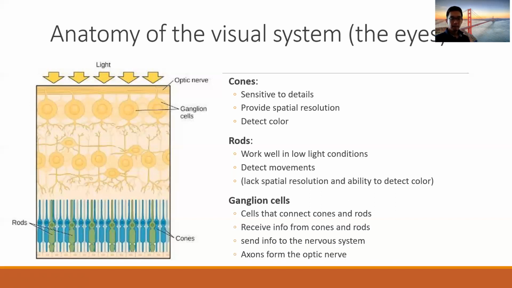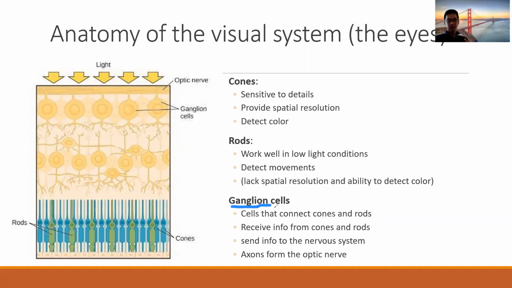Rods and cones transfer the signal of light into signals in the neural system, but how do they send this information to the brain? There is another kind of cell in the retina called ganglion cells. Ganglion cells are like a bridge, like a message system.